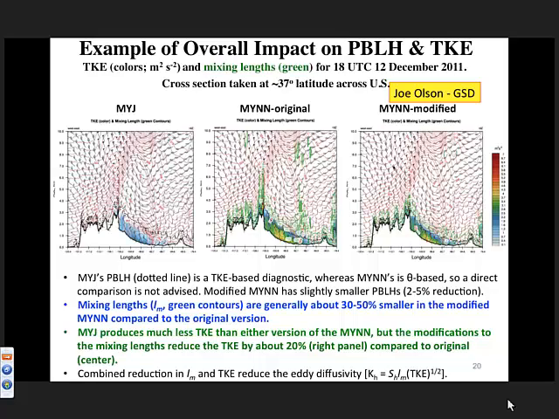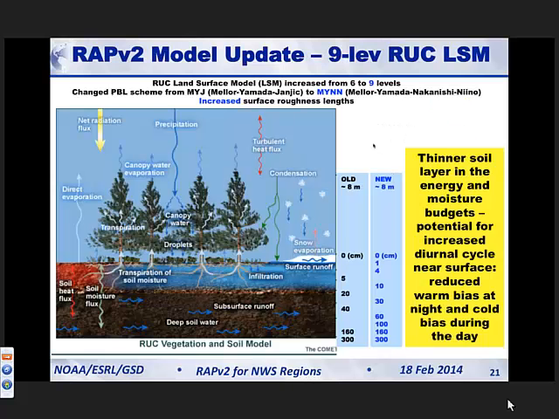So another aspect in the physics that has been modified is that the 6-level land surface model that the RAP was using before has been switched to a 9-level version, and that gives thinner layers near the ground, and that allows us to have a better diurnal cycle near the surface.